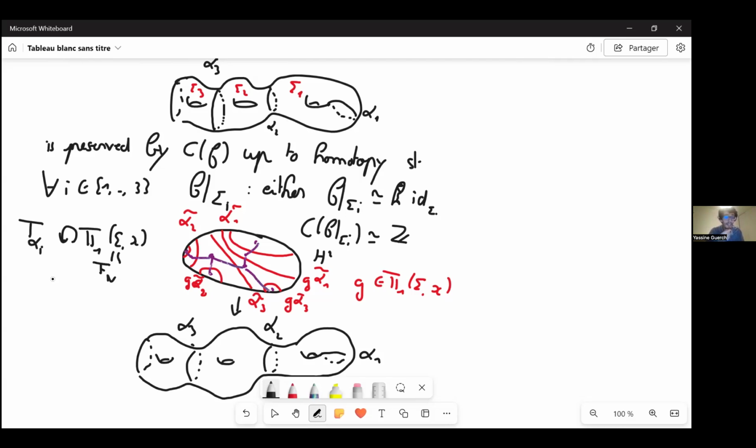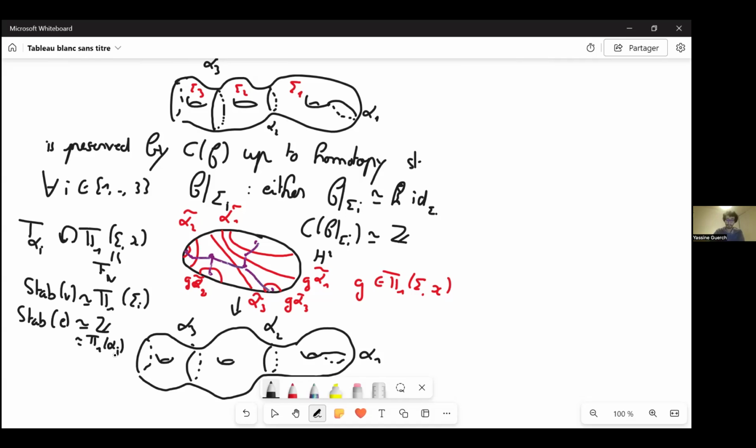And there, the stabilizer of a point is isomorphic to the fundamental group of one of the subsurfaces. And the stabilizer of an edge is isomorphic to Z, and it is isomorphic to the fundamental group of one of the closed curves that you started with.